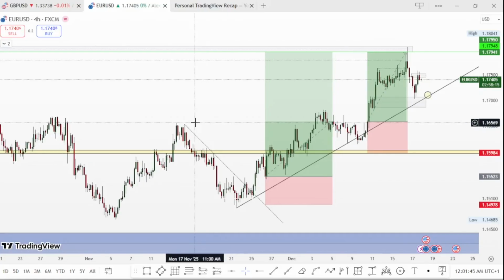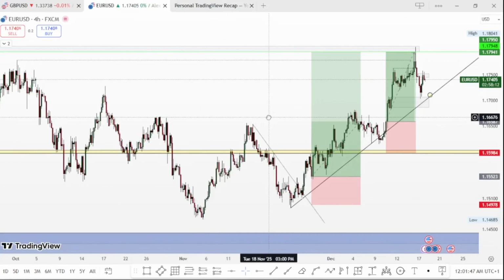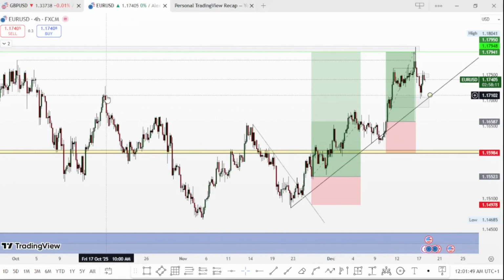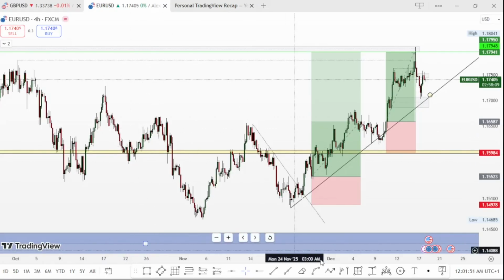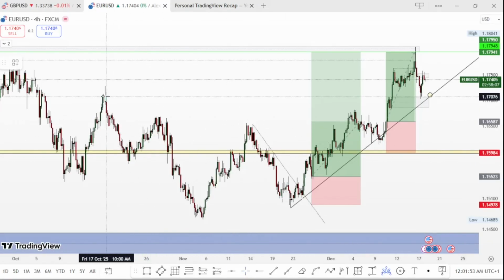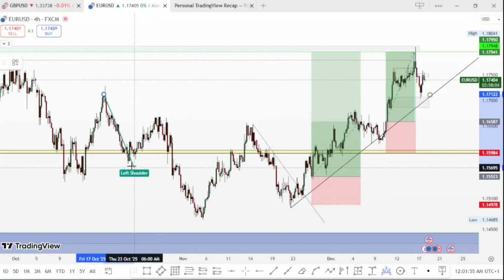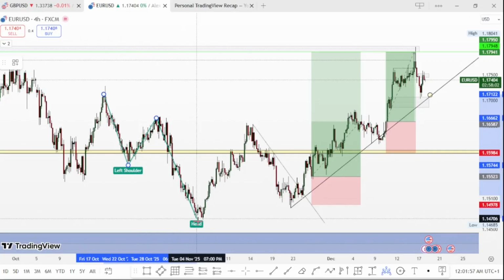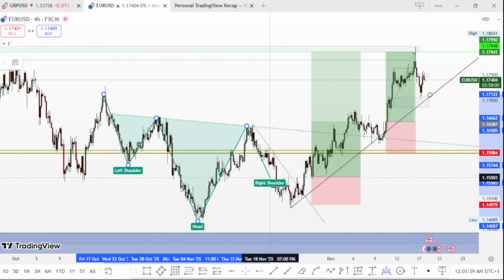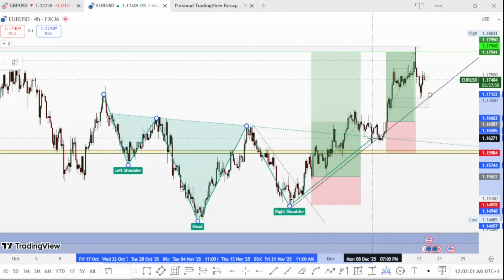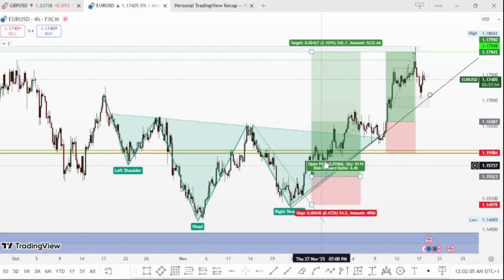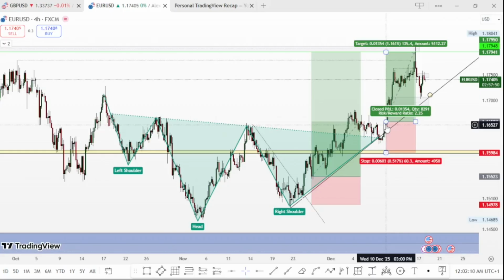Then I came out here to tell you that price would go up, after spotting this inverse left shoulder, the left shoulder ahead and the right shoulder. So I was now confident that this guy would indeed go up. I used the annoyance of being stopped out here to enter a new entry, right about here.